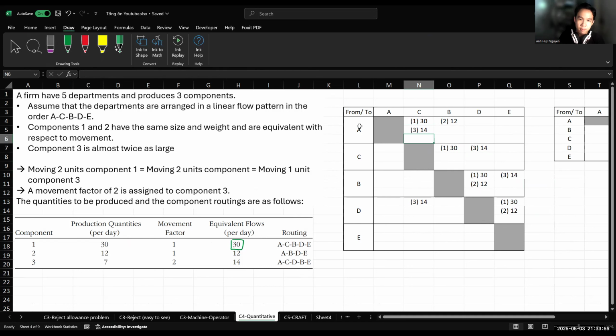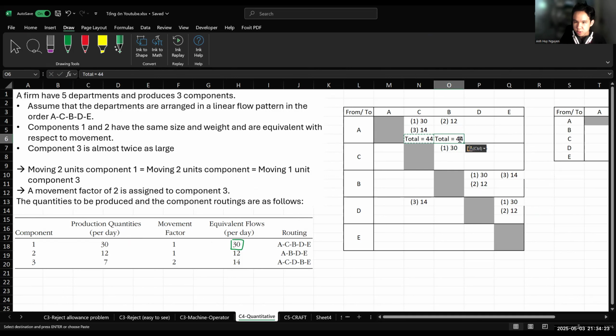Now we need to sum the flow here. From department A to department C, the flow of component 1 is 30 and the flow of component 3 is 14. Now we will sum them together, because we are interested in the total flow. We don't care that much about the individual flow of each component. So this is 44.